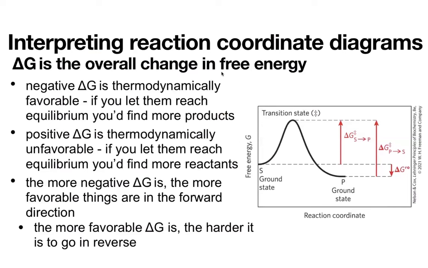This is saying that if you have a positive delta G, your products had a higher energy than your substrates, and this would be unfavorable because now it's easier to get to the other side of the rainbow, back where there wasn't gold before. And the more negative delta G is, the more favorable things are in the downward direction. So the farther down this P state is, the more favorable it is. And the more favorable it is, the harder it is to go in reverse.